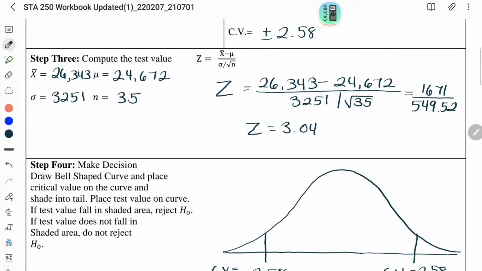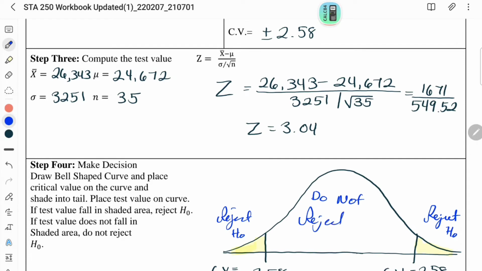Okay, let's shade in the tail regions, to the left and then to the right. Now remember, if our test value falls within the critical region, we reject the null hypothesis. If it does not land within the critical region, we do not reject the null hypothesis.